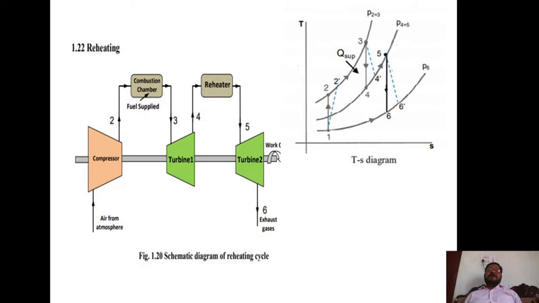If you increase one more stage, the turbines would be HP, IP, and LP: high pressure turbine, intermediate pressure turbine, and then low pressure turbine. And one more reheater will be there between the IP and low pressure turbine. Like this, if you go on increasing, the expansion will be nearly isothermal.